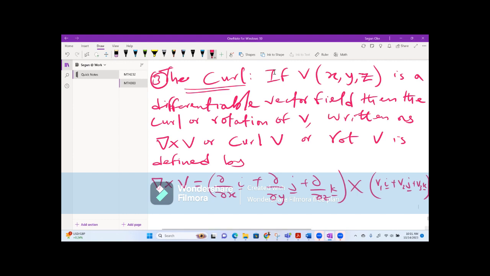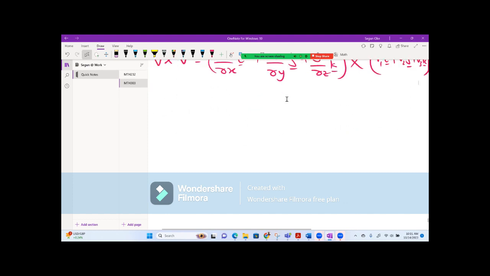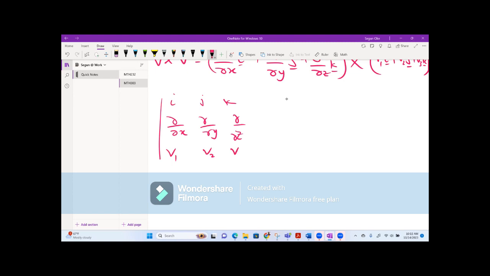Remember, anytime we have a cross, we find the matrix aspect of it. Then the matrix aspect of this cross means i, j, k is going to be d/dx, d/dy, d/dz, then we have v1, v2, v3.